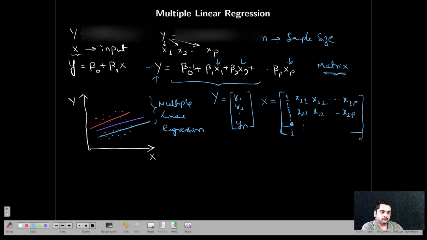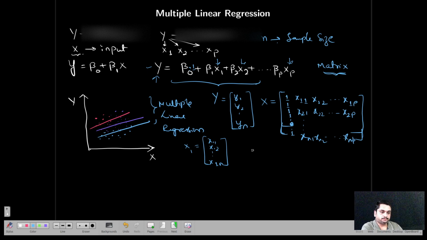You continue like this for all the observations in your system, so the last row is xn1, xn2, so on up to xnp. This is how I form the matrix. Each x1 is also a column vector, which will have something like this. So I have converted it into matrix form like this.